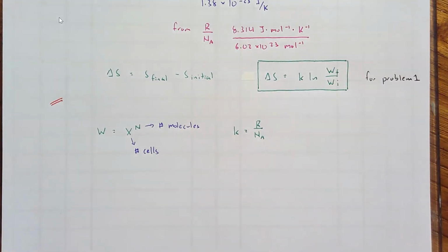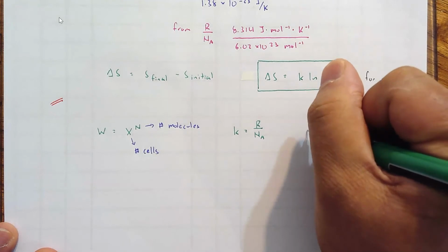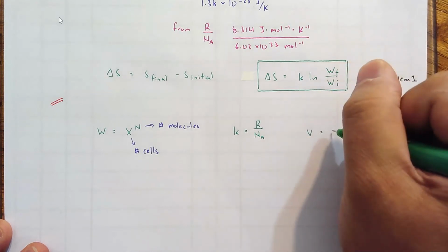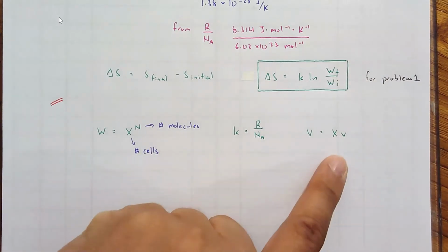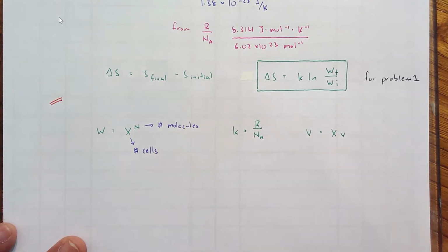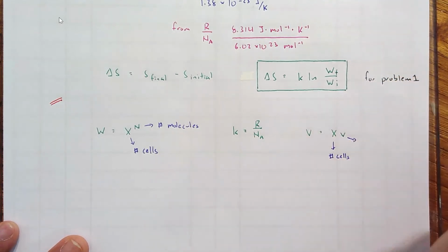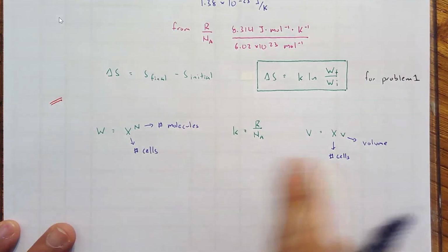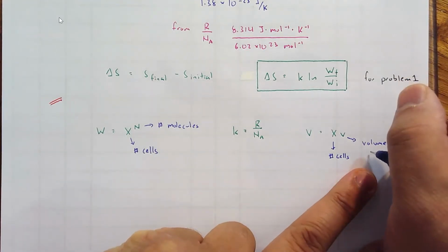Lastly, we're going to use the idea that the total volume, so problem 2 talks about volume, equals the number of cells, which is obvious, times the volume of each cell. Now don't worry about the number of cells, because they're going to cancel out when we combine all of these and derive a new modified Boltzmann equation. Volume per cell.